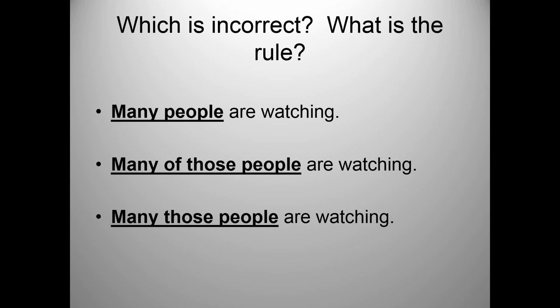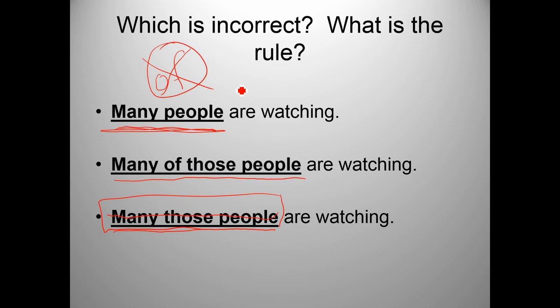How about here? Which is incorrect? Many people are watching. Many of those people are watching. Many those people are watching. The one that's incorrect is the third one. And the first one, many people, is general, so the word of I don't use.